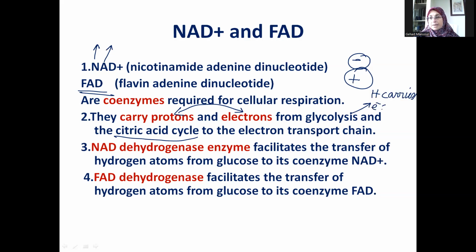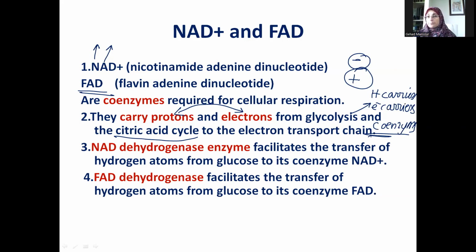We can call them electron carriers, because the hydrogen atom, the proton, will separate from the electron at the electron transport chain, and we can call them coenzymes. Why do we call them coenzymes? They are large organic molecules. As you know, coenzymes are large organic molecules that speed up chemical reactions and help activate enzymes by making their active site more fitting with the substrate.